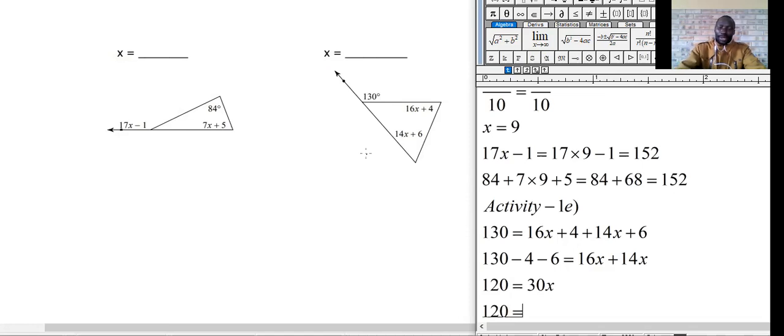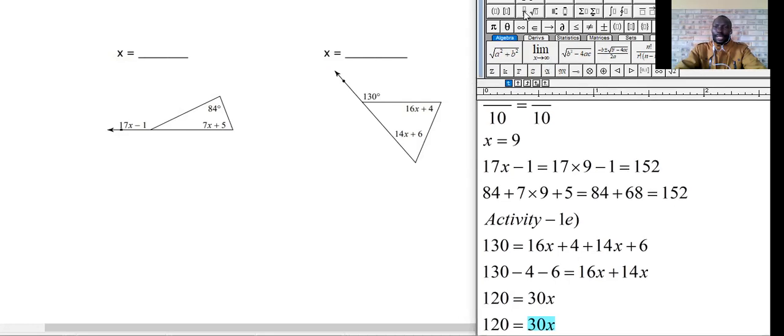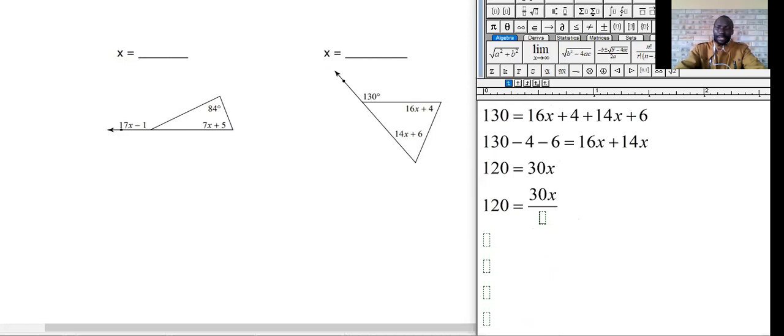Now in the next step, we want to find the value of x. So that means we have to do what? We have to divide 30x by 30, so that we can find the value of x. Notice that when we divide 30x by 30, we will have to do the same onto the left-hand side.